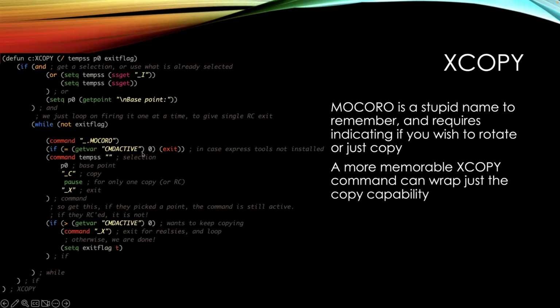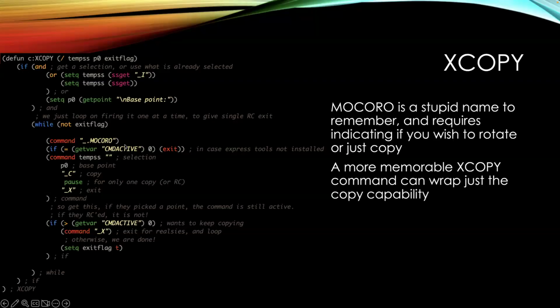That's a classic thing to check for, certainly in a case like this, if you're firing an Express Tool. Granted, could I do that differently? I could check for Express Tools in a different manner. Sure, I could move this farther up. I could just fire MOCORO initially, and then immediately bomb out if it's not a valid command. Sure, I could do that. I chose to just add this one line of code right here.